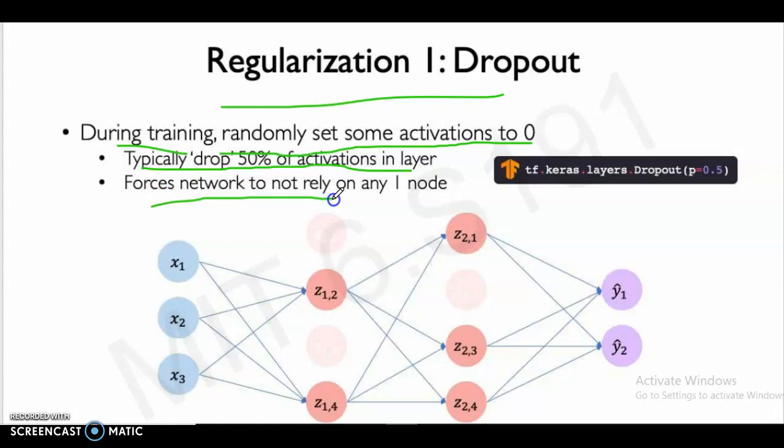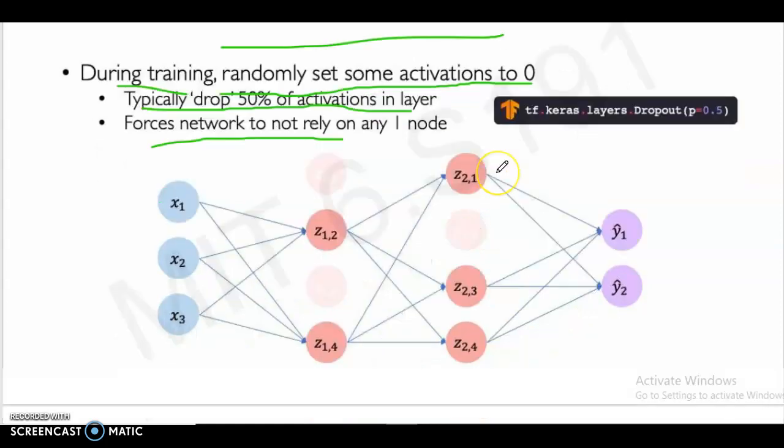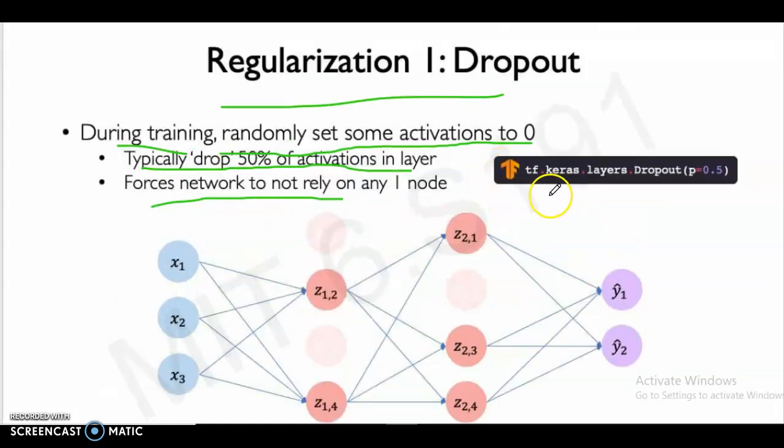This forces the network to not rely on any one node. In TensorFlow, tf.keras.layers.Dropout with p equal to 0.5.